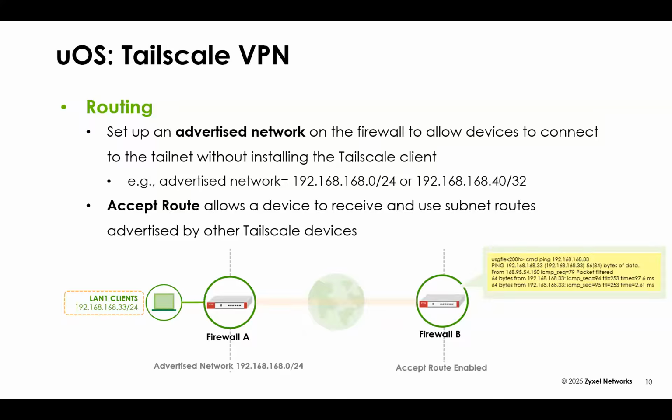When you set up the Tailscale VPN on the firewall, you're going to enter this information and it will be advertised on the Tailscale network as a route for devices to be reached. The same thing goes for the other side, firewall B. You would put in that specific firewall's network scheme, and it will be advertised to other Tailscale devices as a reachable network.